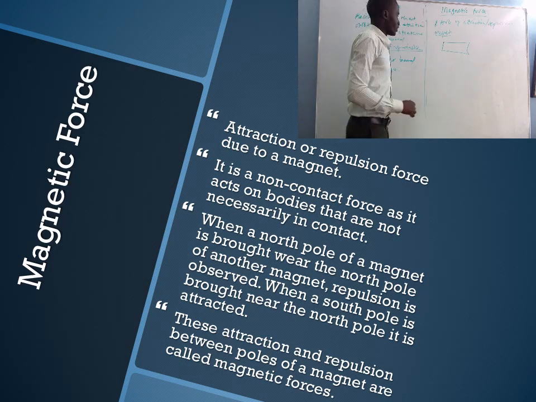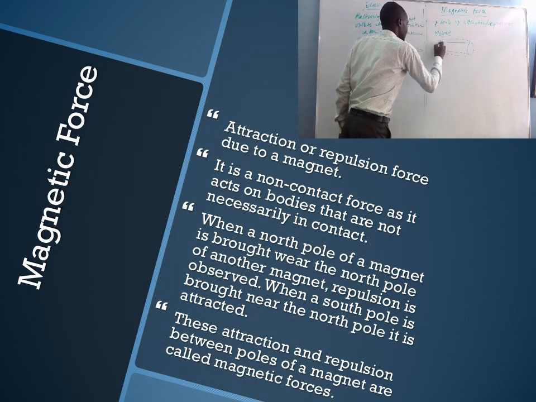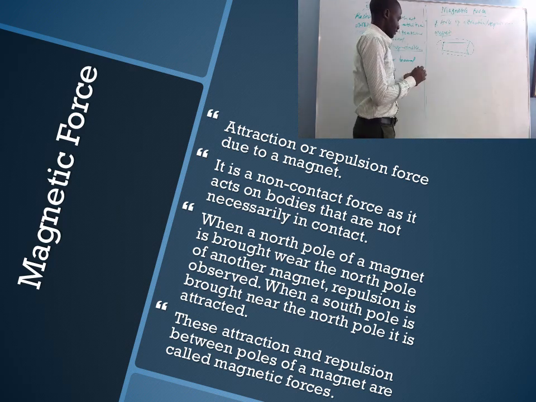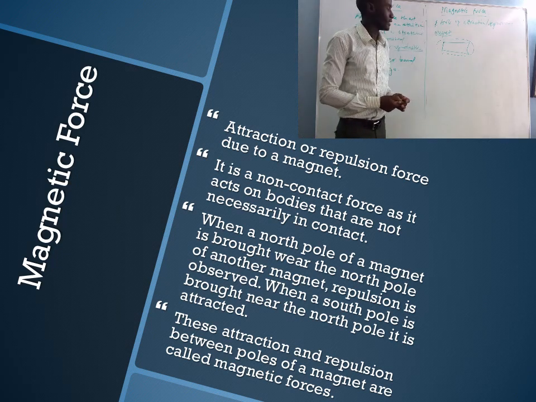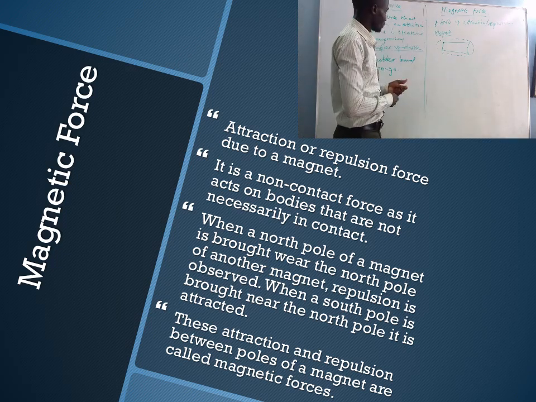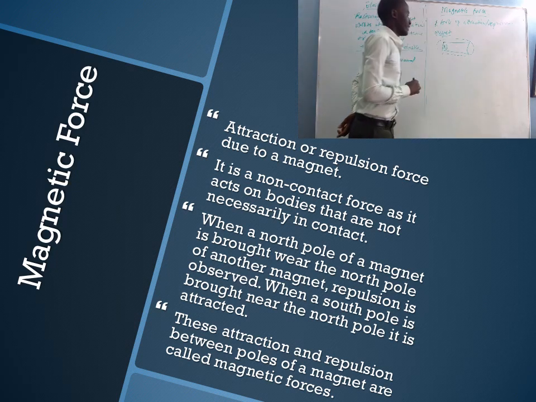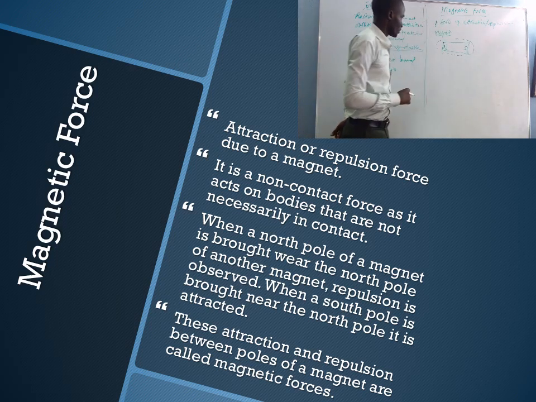there is some region within this bar magnet in which the force of attraction or repulsion due to the magnet can be experienced. On the bar magnet, one pole is a north pole and the other one is a south pole.